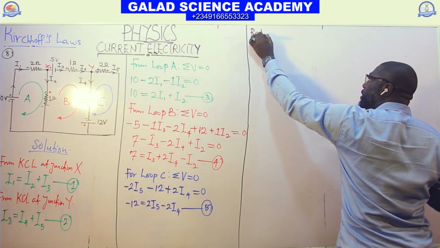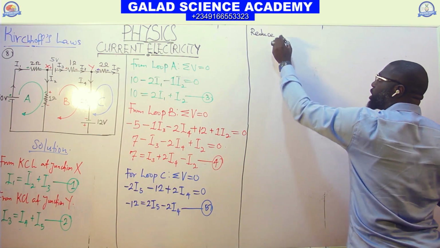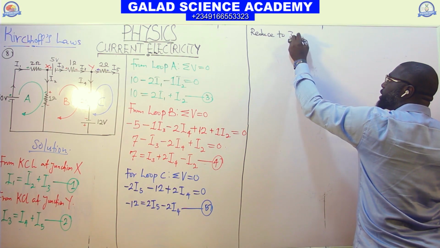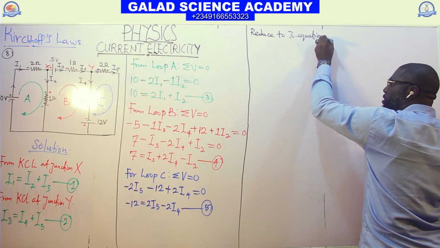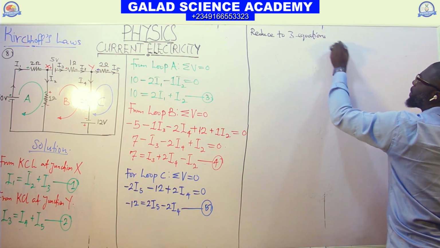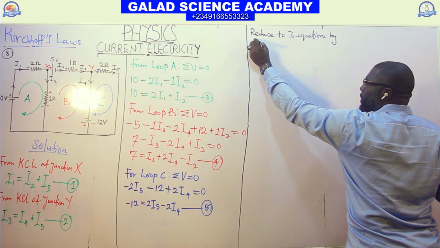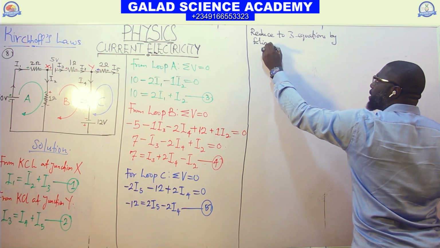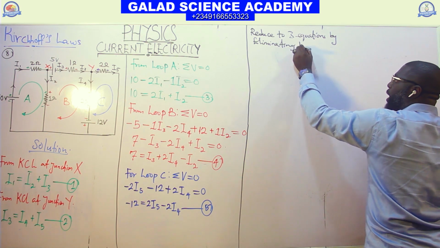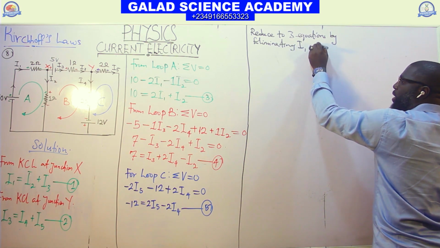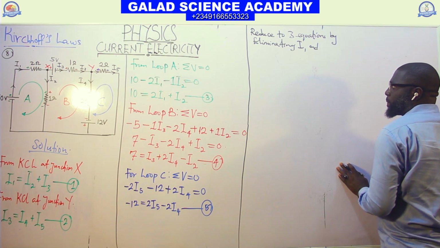Reduce the equations to 3 equations by eliminating I1 and I3.